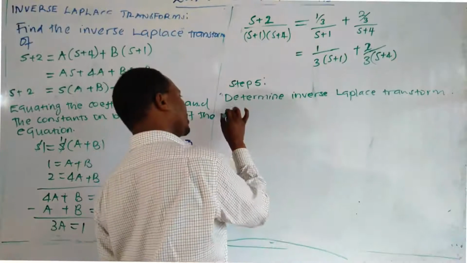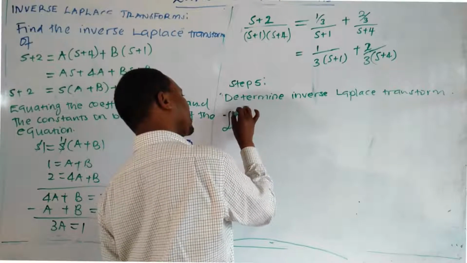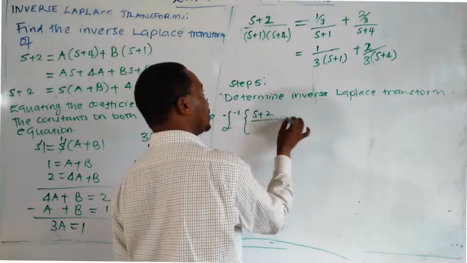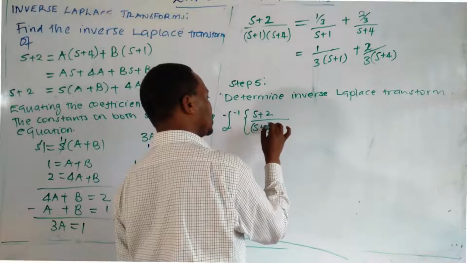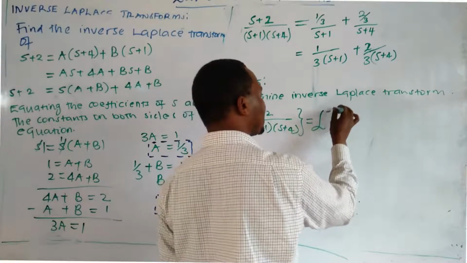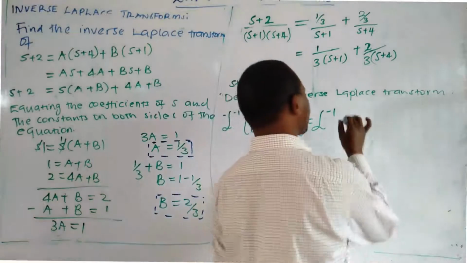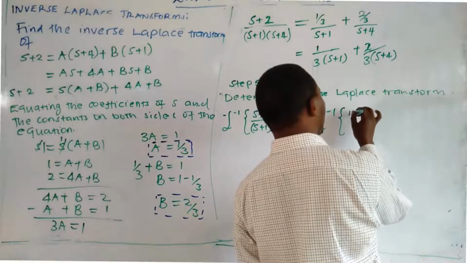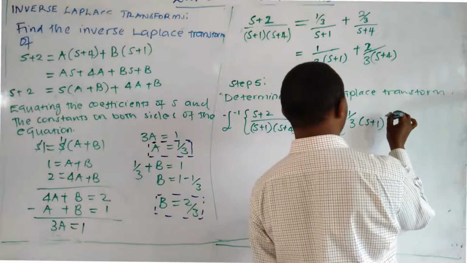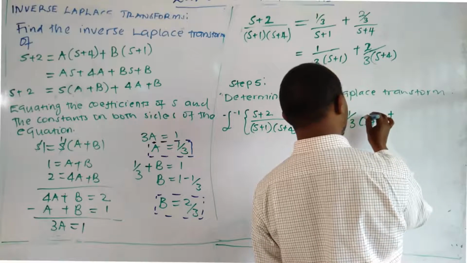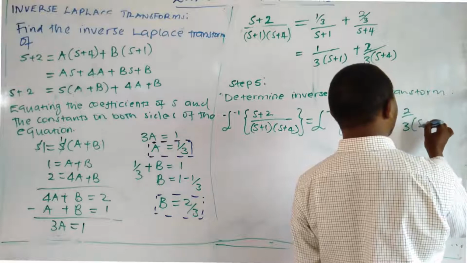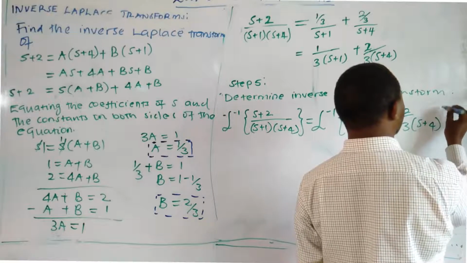The inverse Laplace transform of s plus 2 over s plus 1 times s plus 4 is simply the same as determining the inverse Laplace transform of 1 over 3 times s plus 1, plus 2 over 3 times s plus 4.